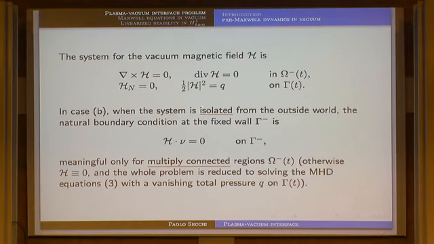But this case is interesting only for multiply connected regions, where the solution of the homogeneous system for script H is not 0. Otherwise, everything is 0. So not so interesting. But it arises in plasma physics. In a tokamak is the case of isolation.